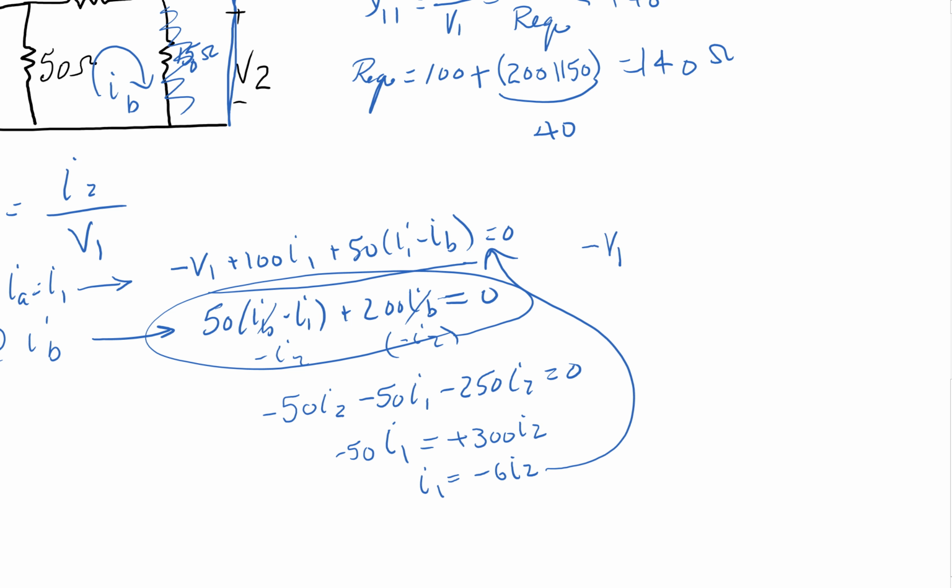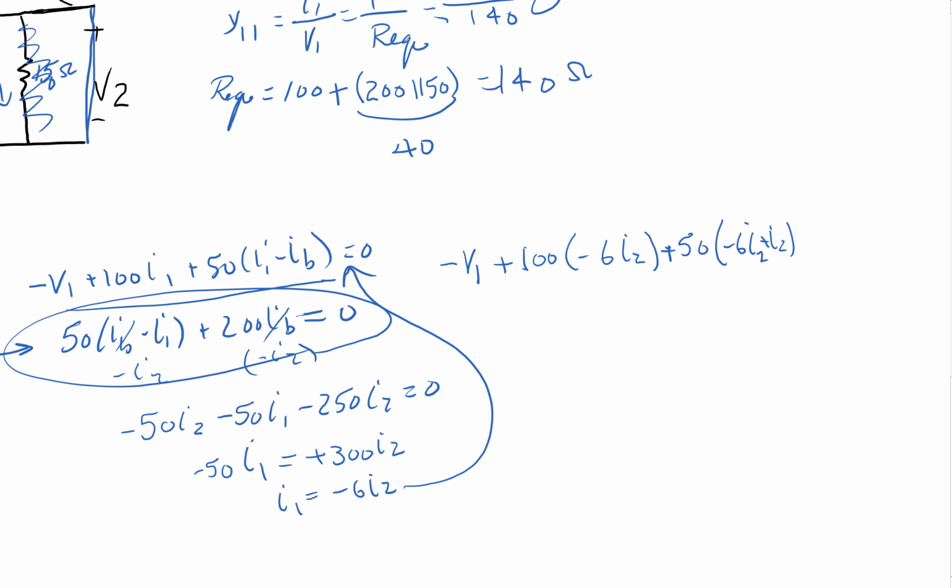So we have minus V1 plus 100 times minus 6 I2 plus 50 times (minus 6 I2 plus I2), and then that whole thing is equal to 0. So if we clean this up, we're going to have minus 600 here, minus 300 here, that's minus 900, and 50 we have to take away, so it's 250 and 800.